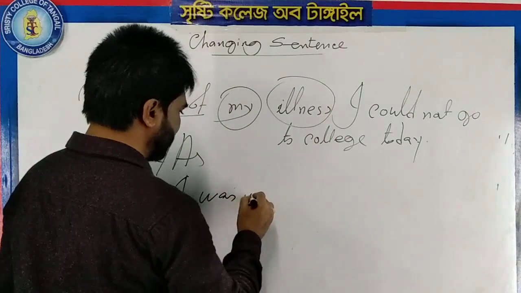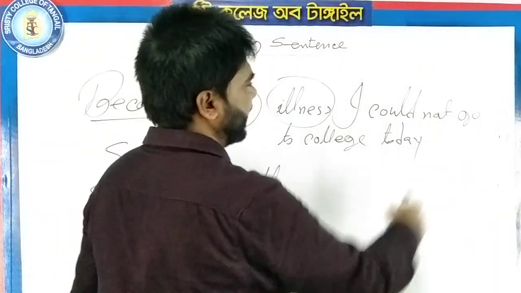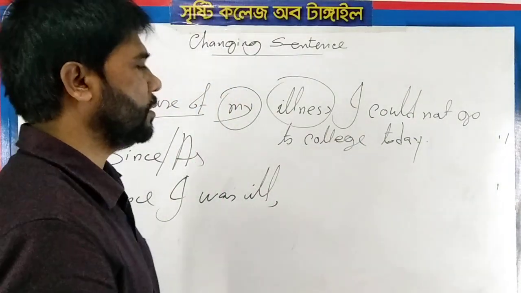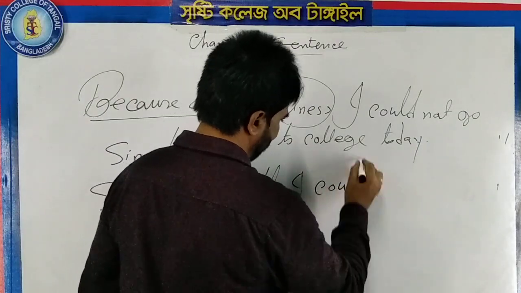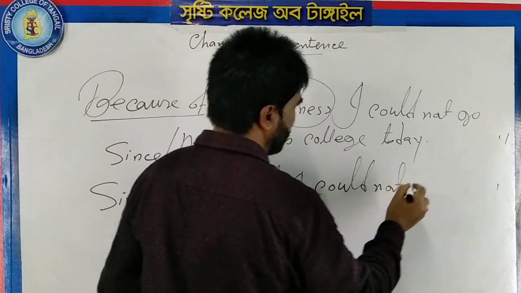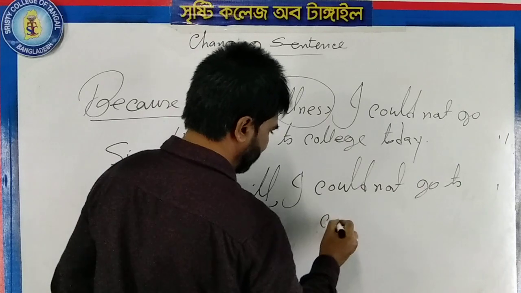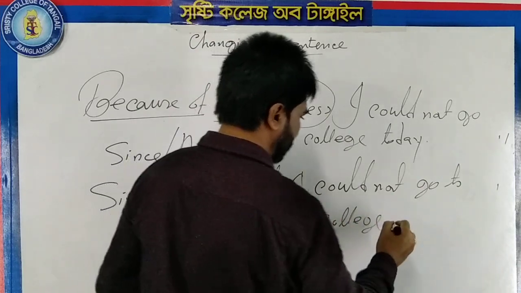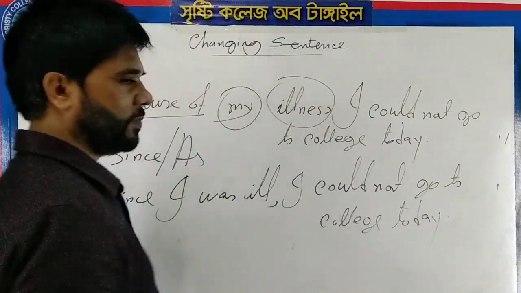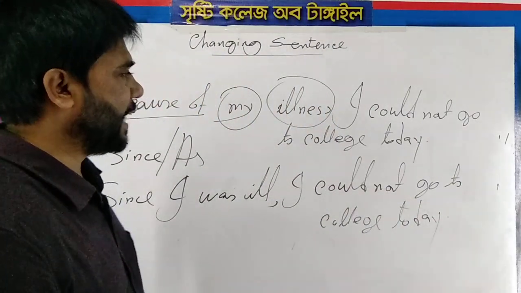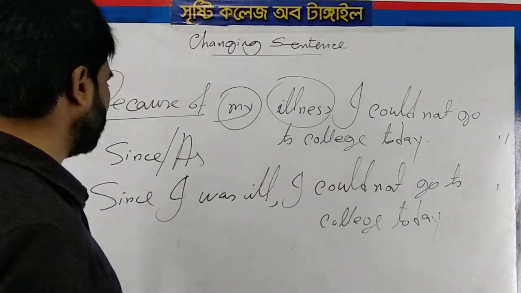Since I was ill, here we have to use a comma, and the second clause will be used fully: I could not go to college today. I think you understood these functions of changing sentence.